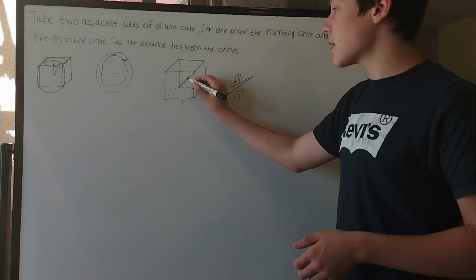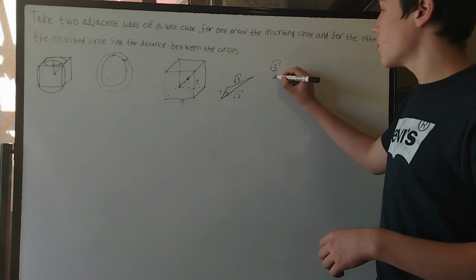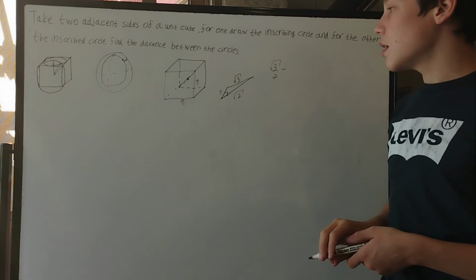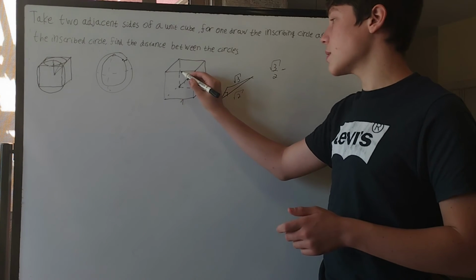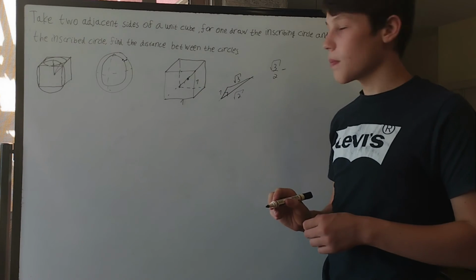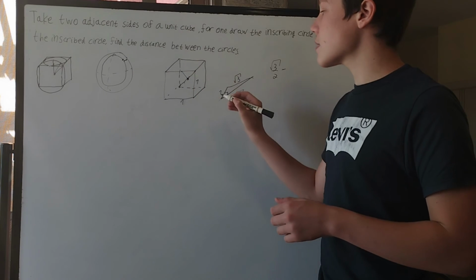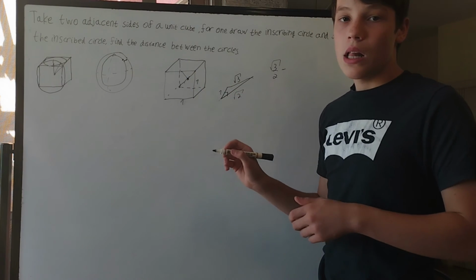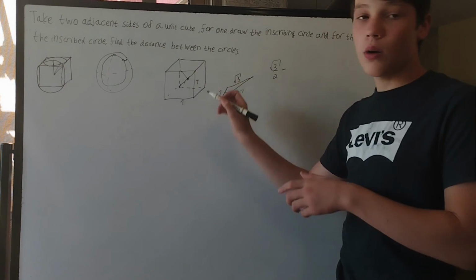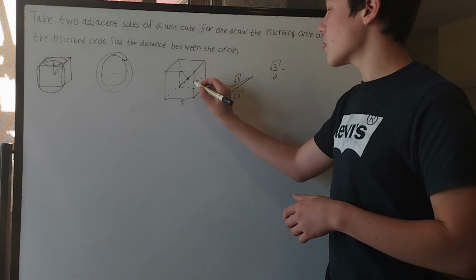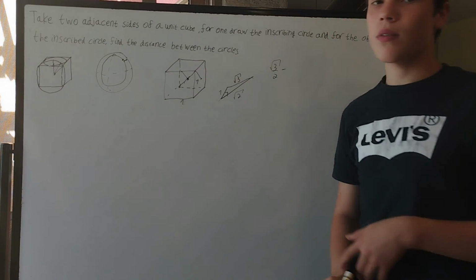Meaning that the distance from the center to one of the points is half that, which is root 3 over 2. Now I want to subtract the distance from the center of one side to the center. Well, you can think of it, if we have this line and we move it to one of the faces, this will be the center of the square, and the length we're trying to figure out is this, right?